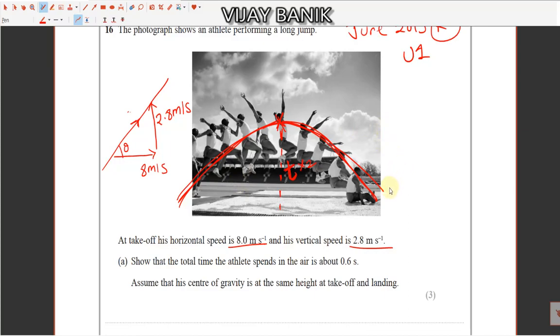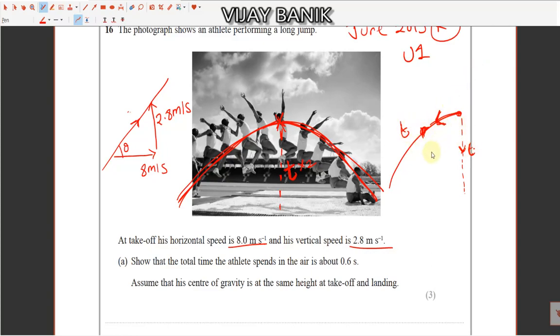Basically, going from here to here takes the same time as when you drop something to the ground. If you throw something horizontally like this, they both take the same time to reach the ground.